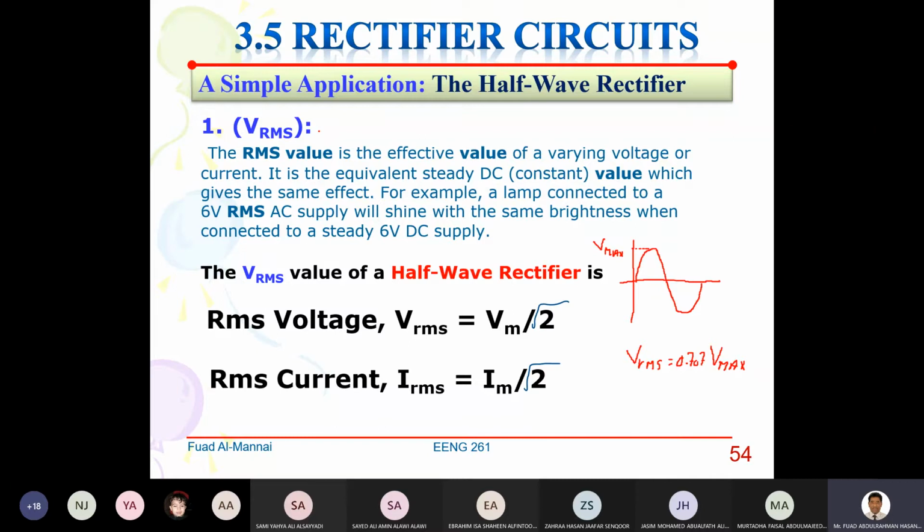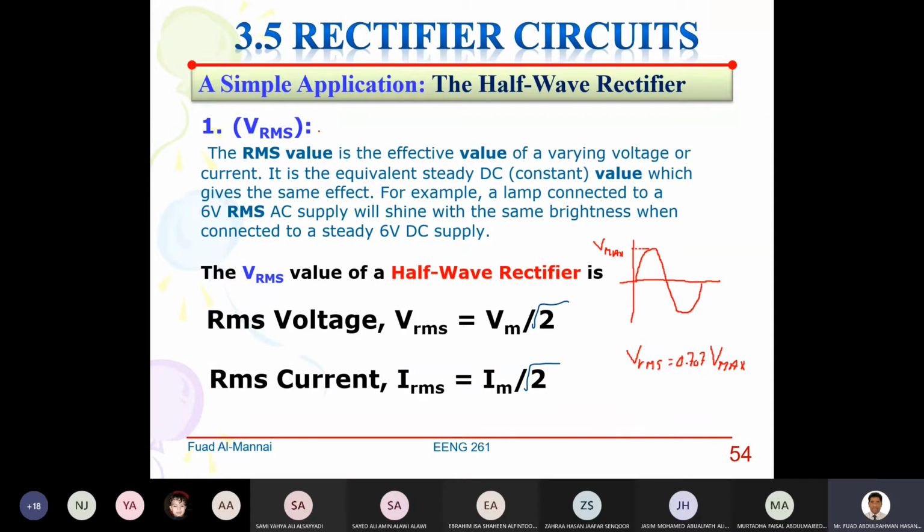It is the equivalent steady DC value which gives the same effect. For example, a lamp connected to a 6 volt RMS AC power supply will shine.